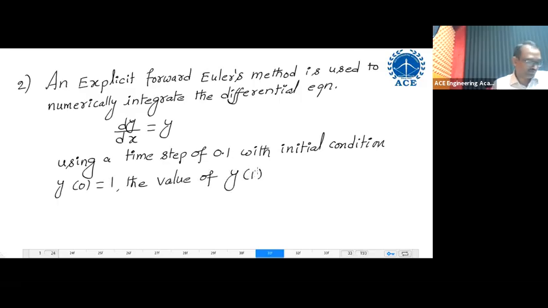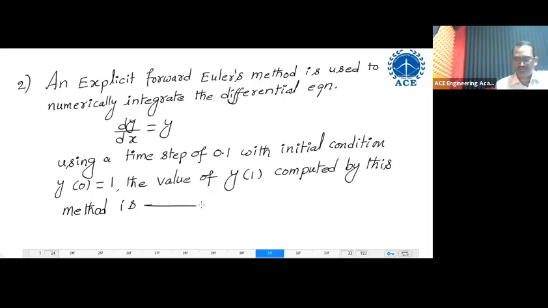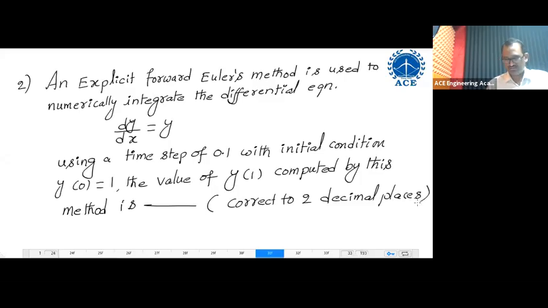The value of y of 1 computed by this method is dash, correct to 2 decimal places.